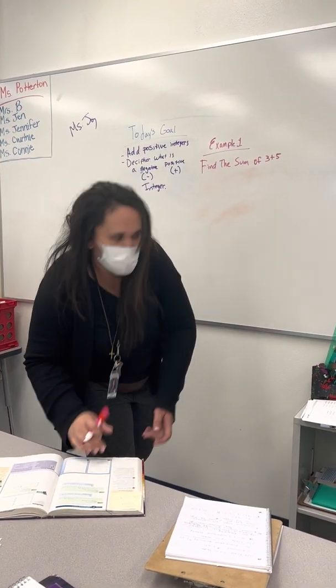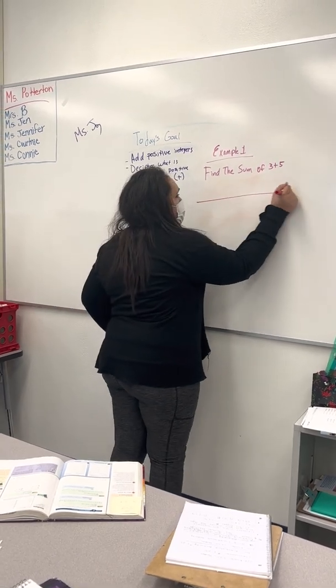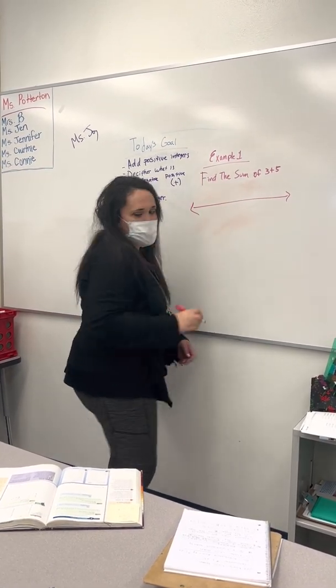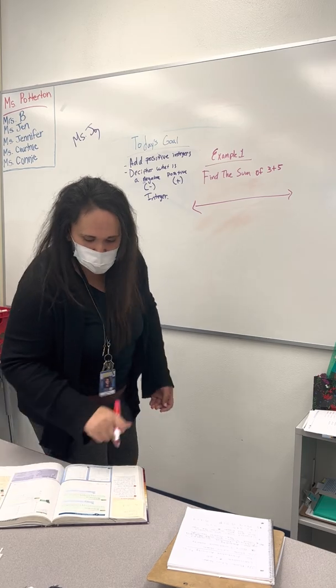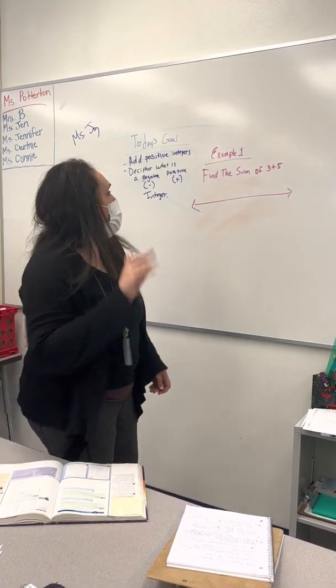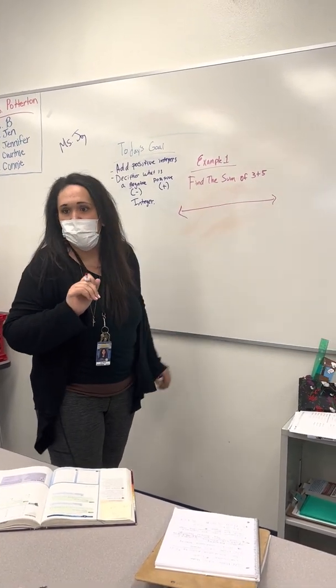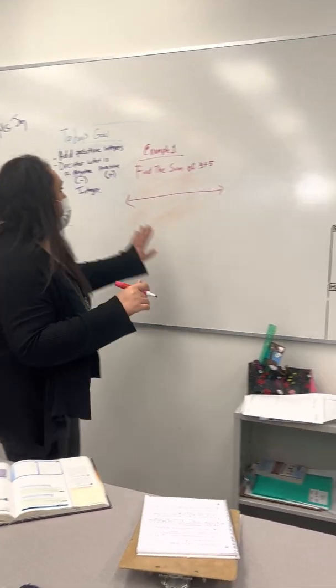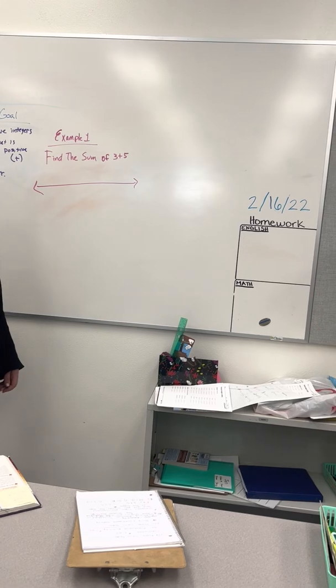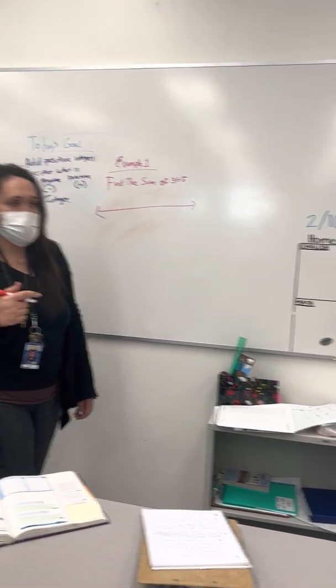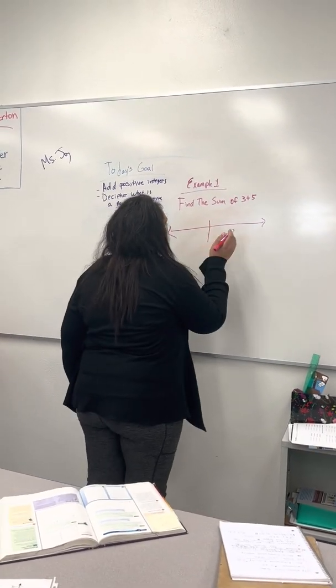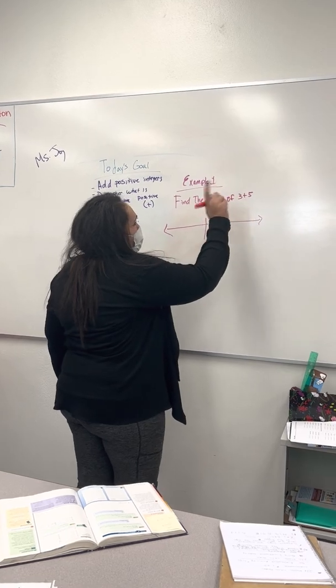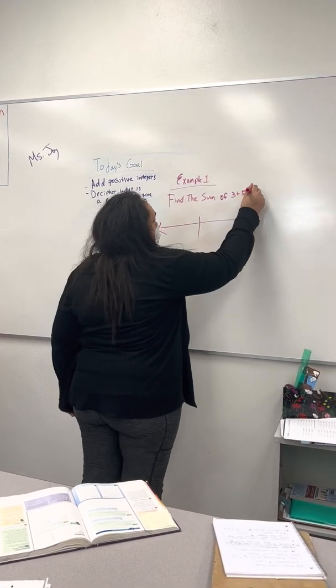Alright. So we'll have a number line. If it's positive, which way do you graph it on the number line, to the right or to the left? Right. So the sum of 3 plus 5 is 8.